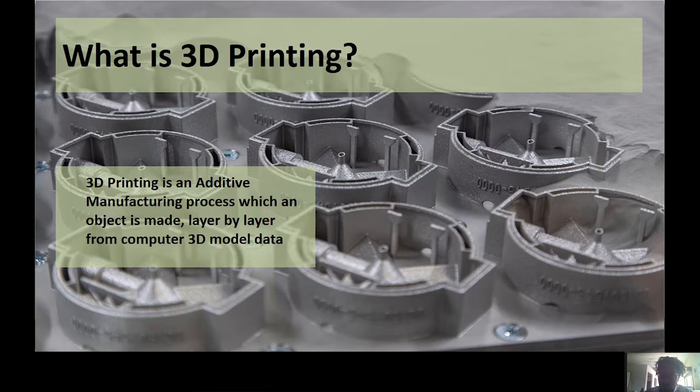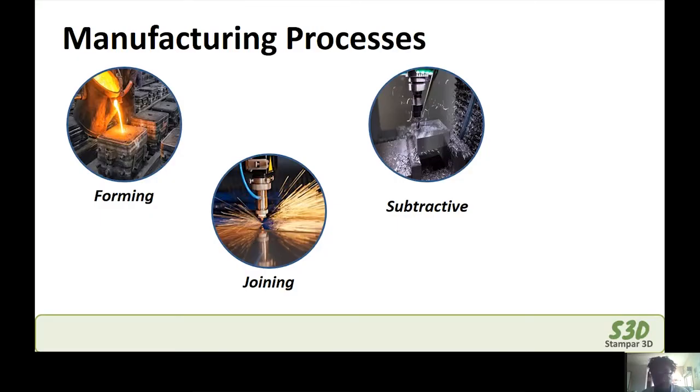It is a manufacturing process on its own. Before 3D printing, way before it became really popular, we had our three main manufacturing processes. We had forming, which a lot of people know as molding. Molding is a kind of forming manufacturing process; you can think of it as injection molding.